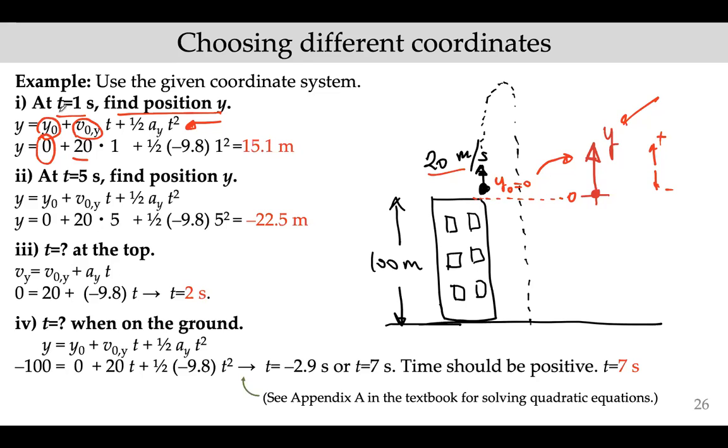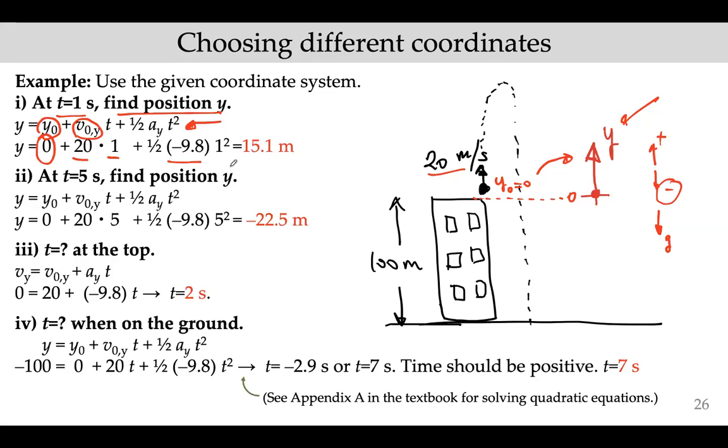And the question says use time equals 1 second, so for t, use 1. And as for the acceleration, gravity is always down, and down direction is negative. So that means for g, I'm going to use negative 9.8. And then finally, again, for t, use 1.